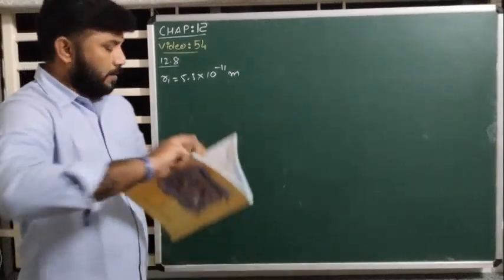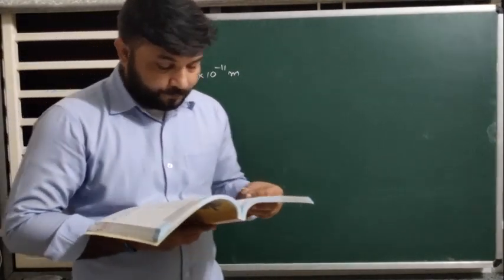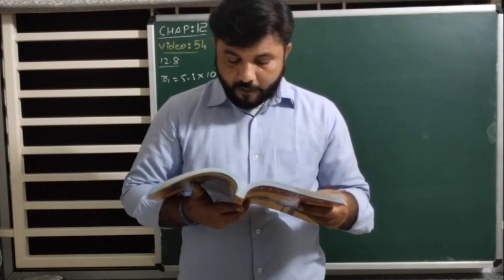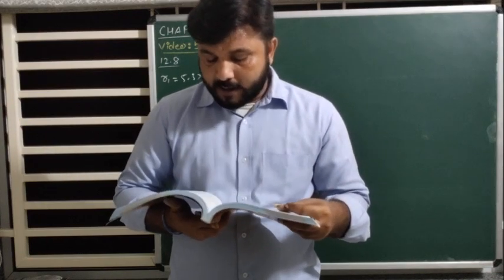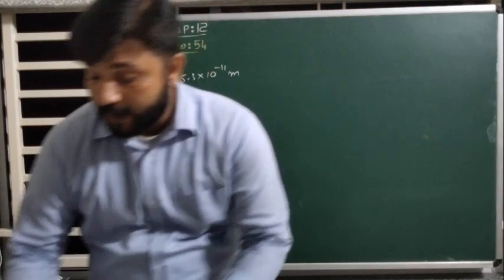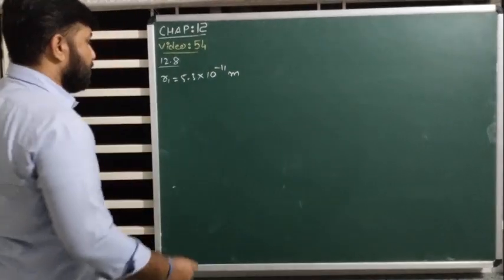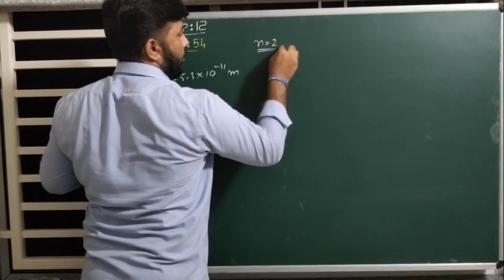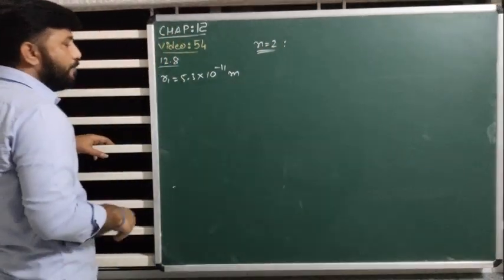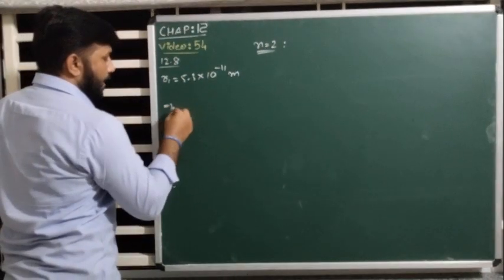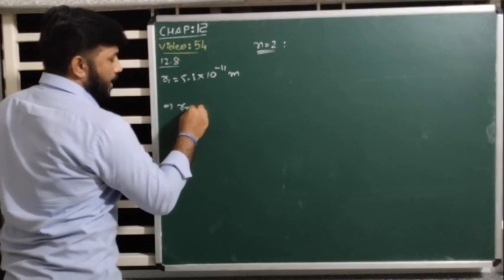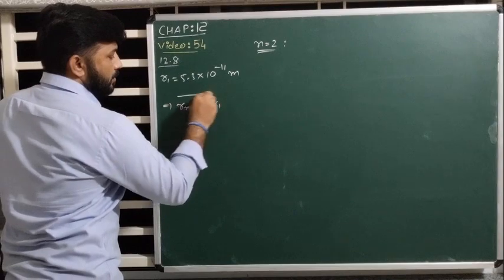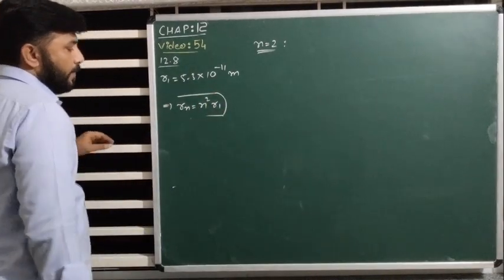Okay? Now, what to find? What are the radii of n is equal to 2 and n is equal to 3 orbits? Oh, it is very easy. For n is equal to 2, we have seen in the previous numerical, that is Rn is equal to n square R1. So this is the standard equation.